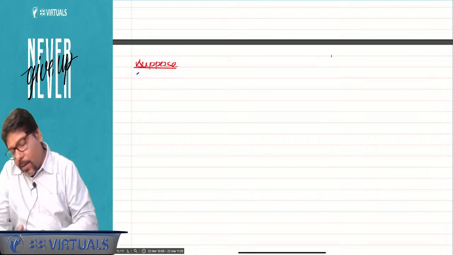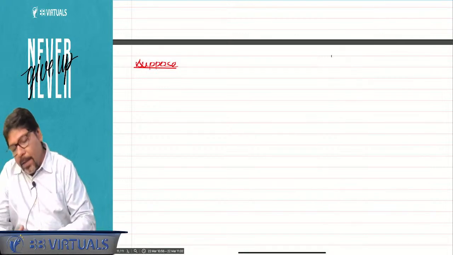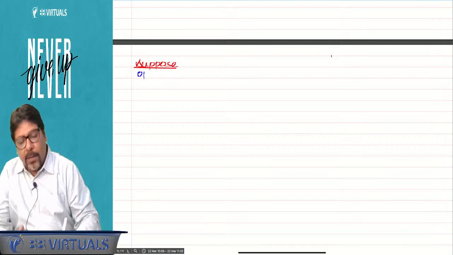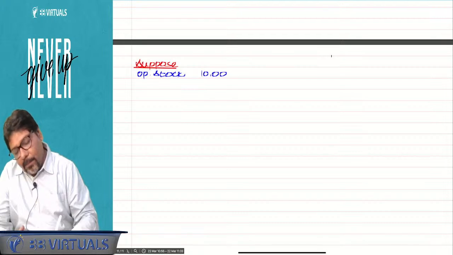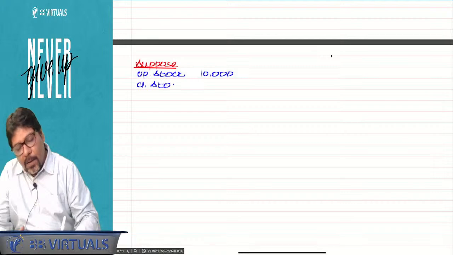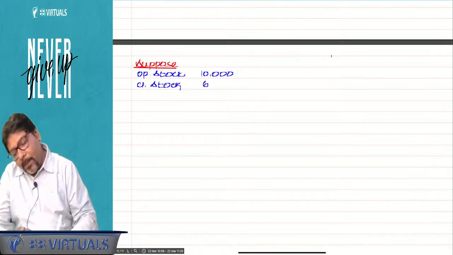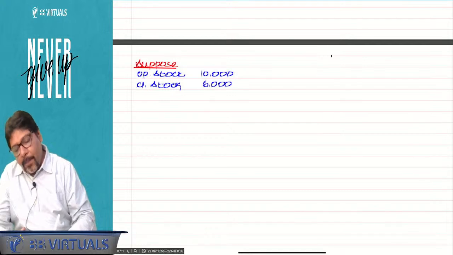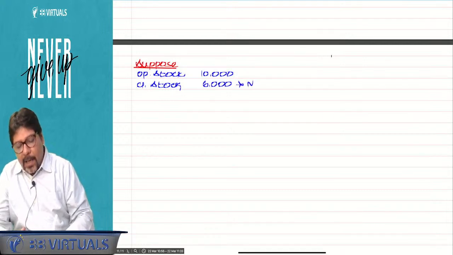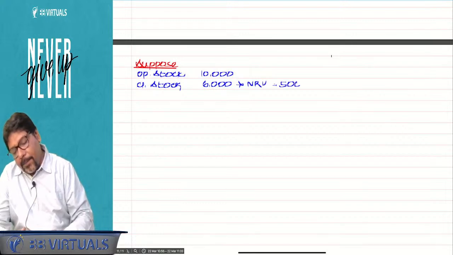Opening stock is 10,000. Closing stock, I say it is 6,000, but its NRV is 5,000.